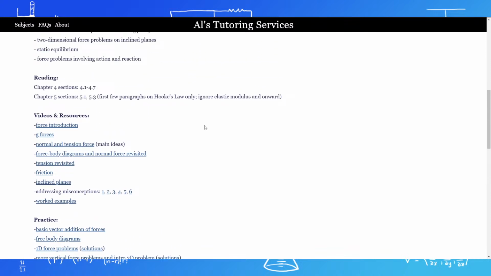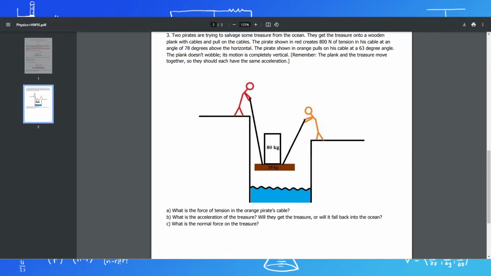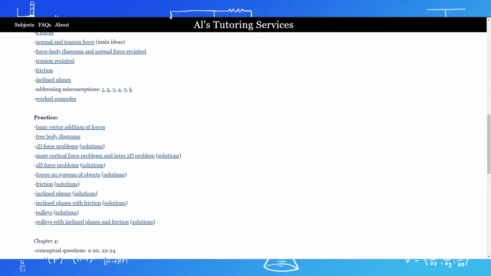Is there anything else here I wanted to say? I think I'm good. Let's see, that was 15. 16 is systems of objects.